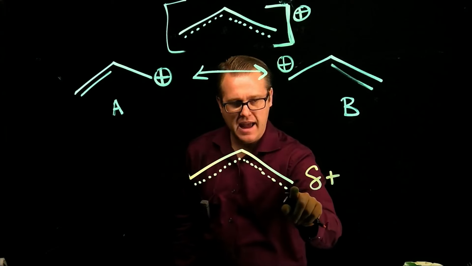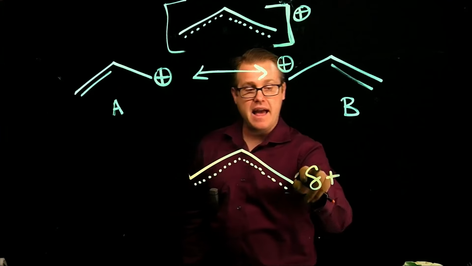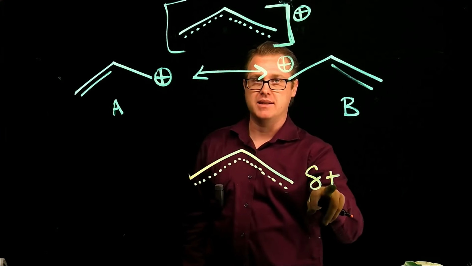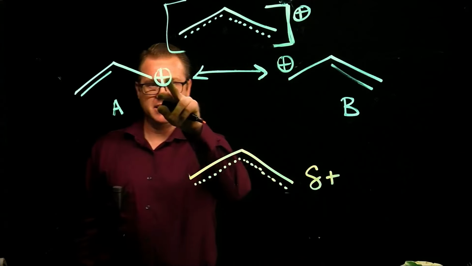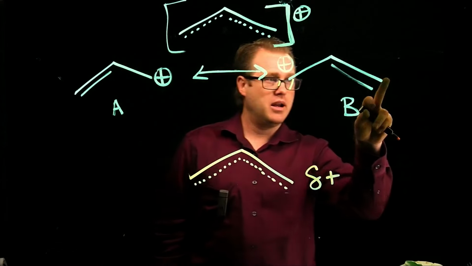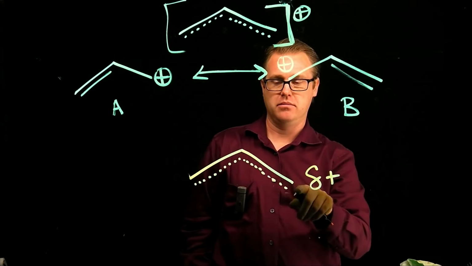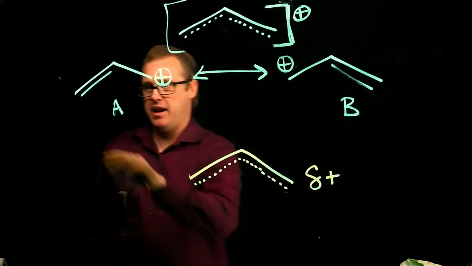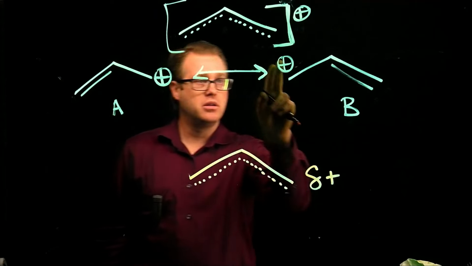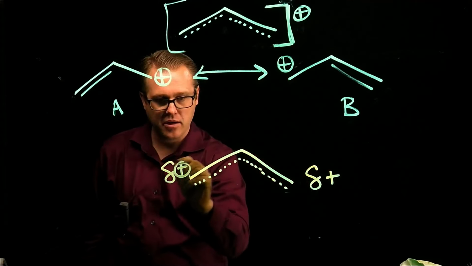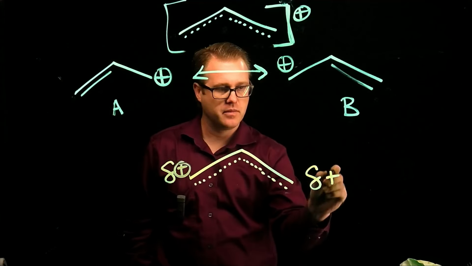So this carbon has a delta plus. And that delta is telling us that we have a partial positive charge because it's there and not there. So it's partially there. And we can do the same thing. Neutral, positive. So it is a partially positive carbon.